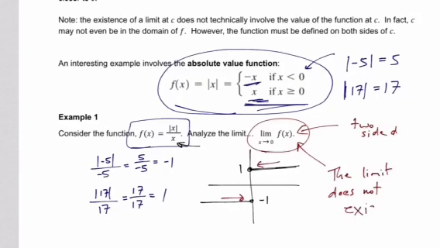So the two-sided limit doesn't exist, but it's worthwhile to talk about, and in just a moment we'll look at the notation for when I want to talk about just the limit from the right side or just the limit from the left side. And those are called, shockingly, one-sided limits. So let's take a look at that idea now.